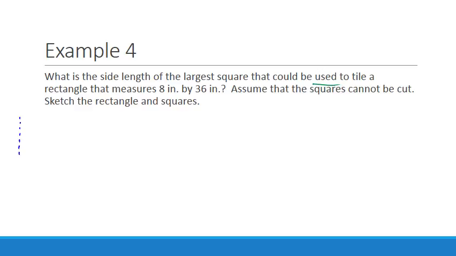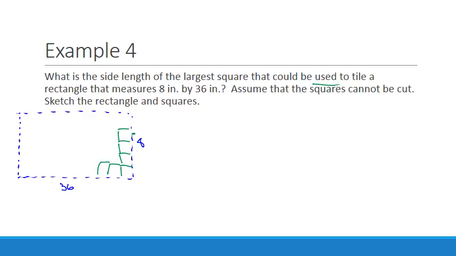So it's the same overall idea, except now we know the area we want to actually tile. We know this is 8 and this is 36, and we're wondering about the square. What's the largest square that would work with this? We're wondering what is the largest square that's going to divide into this side length and into this side length.